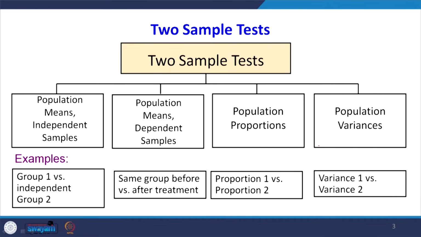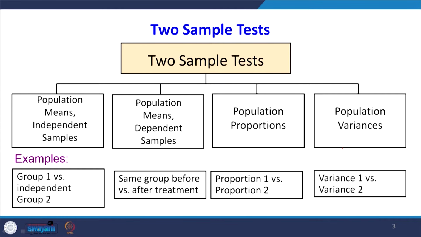This is the classification of different two sample tests. The classifications are: population means for independent samples, population means for dependent samples, population proportions, and population variances. In population means for independent samples, we compare group 1 versus group 2, so both populations are independent.